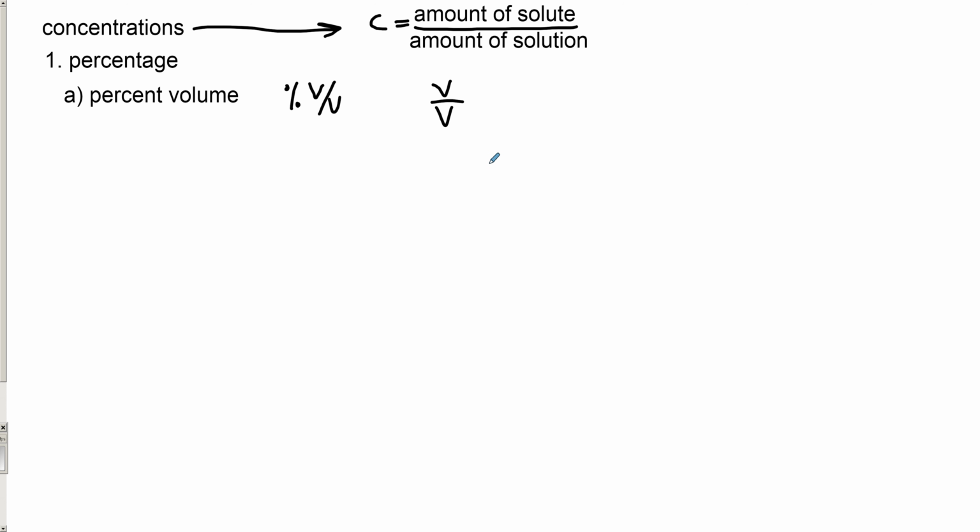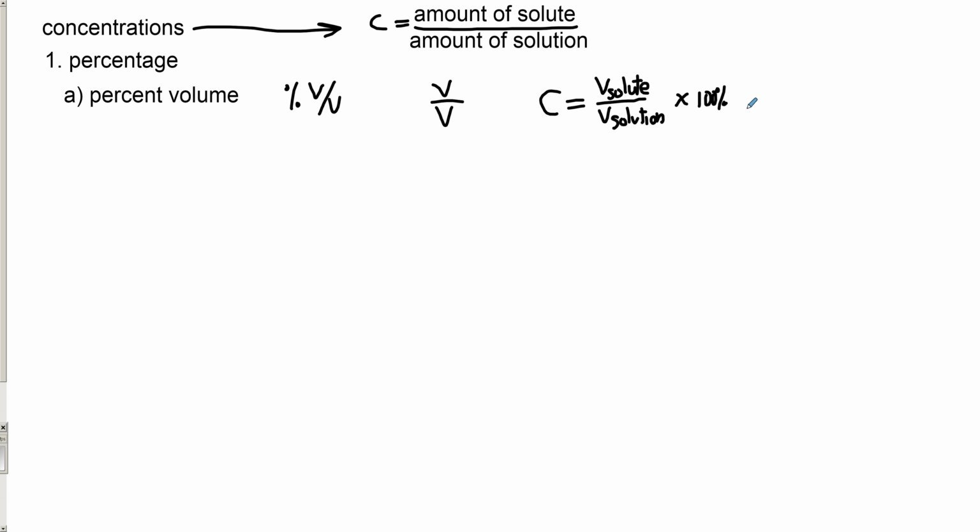And that's what we're going to do when we actually do the mathematics here. So the formula for percent volume concentration is the volume of solute divided by the volume of solution. And then, because it's a percent, we multiply that by 100.